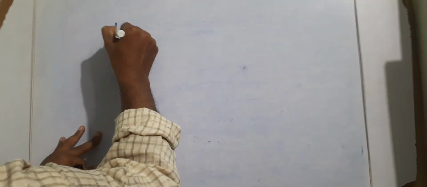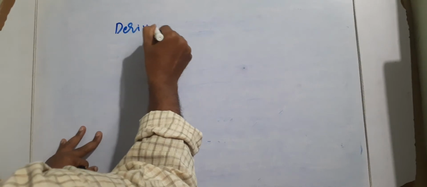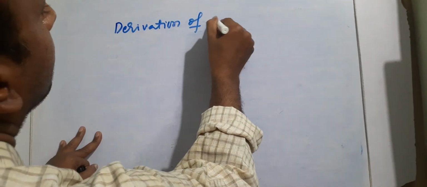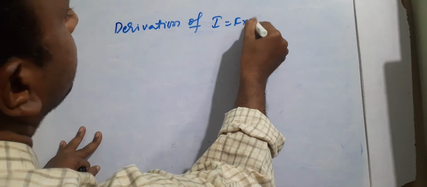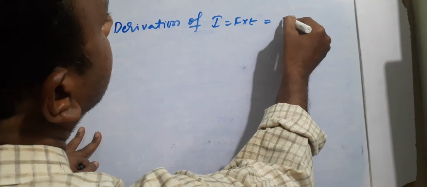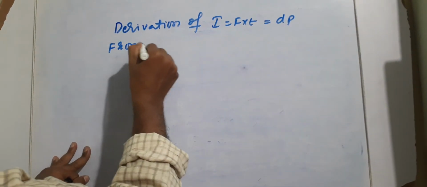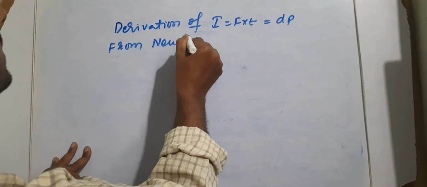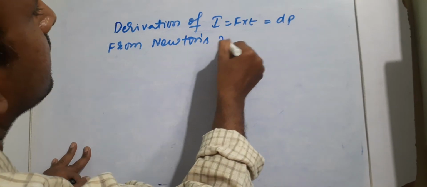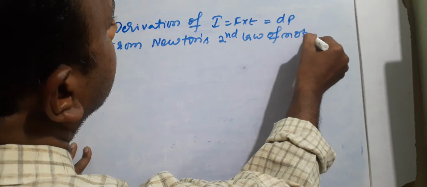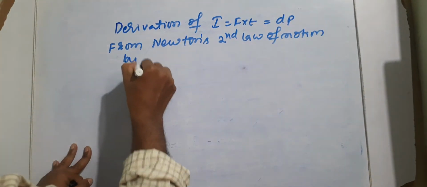So derivation of I is equal to F into t is equal to dp from Newton's second law of motion by calculus method.